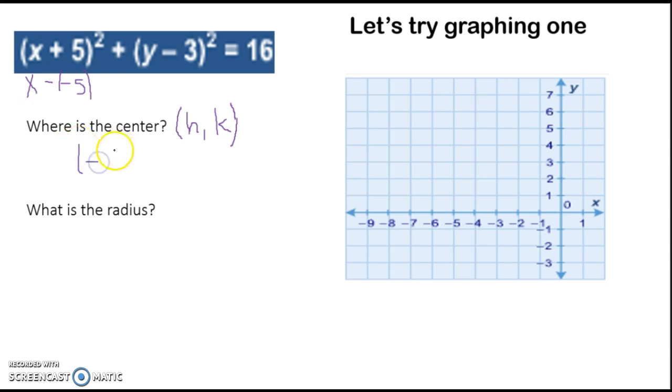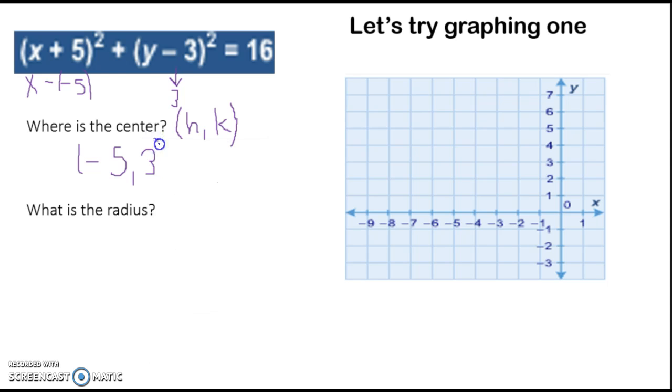Because remember, it's x minus h, so minus a negative 5 would give you the plus 5 you see there. And then the k is just 3, because it's y minus k. K would be a positive 3. So negative 5, 3 is the center.